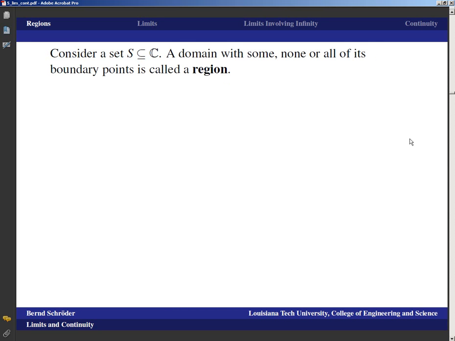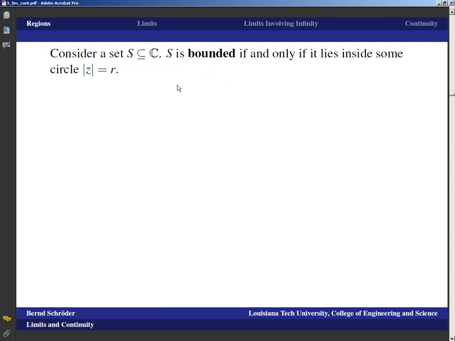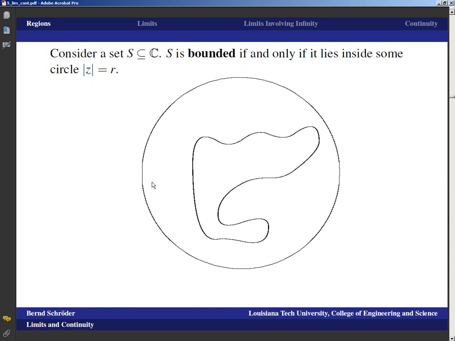A domain that has some, none, or all of its boundary points included or attached to it, that's called a region. And then standard language, again, a set S is bounded if and only if it lies inside some circle, |z| = R. So if we take a set like this, well, if we can draw a large circle around that thing that contains all the points in the set, and that's happening here, then that set is considered bounded.